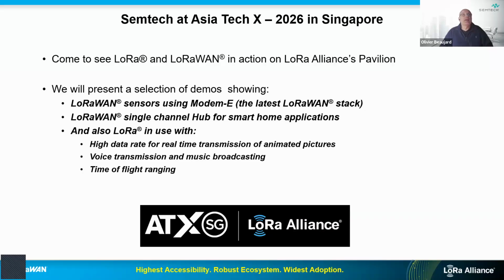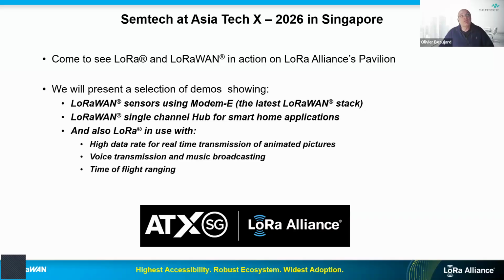And what we will show from Semtech, so our technology, LoRa, in use with LoRaWAN, is definitely the latest LoRaWAN stack, which is the production of the LoRa Alliance. So you will see the latest version in use with some sensors. Also, we have developed a very simple single channel hub with LoRaWAN for smart home applications. So it's a single channel for small sensors in use in homes.